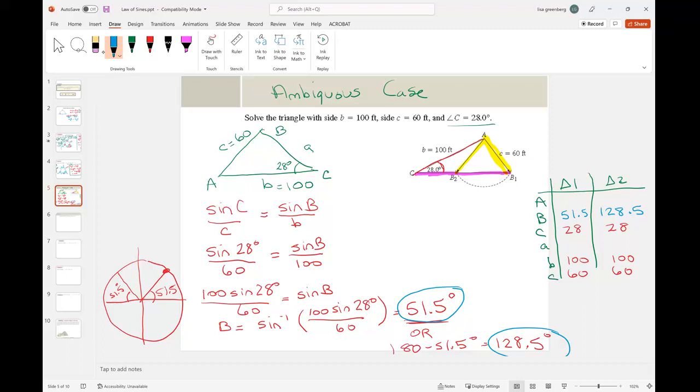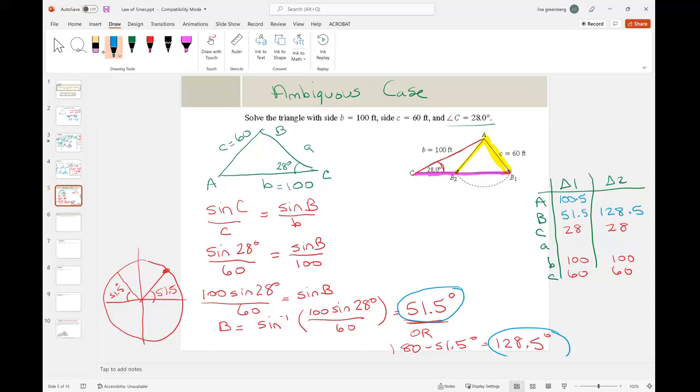Now I add up 51.5 and 28, and I subtract that from 180, and that will tell me what angle A is. I'm just going to use a calculator because I'm a little lazy tonight. 51.5 plus 28 gives 100.5 as the other angle there.